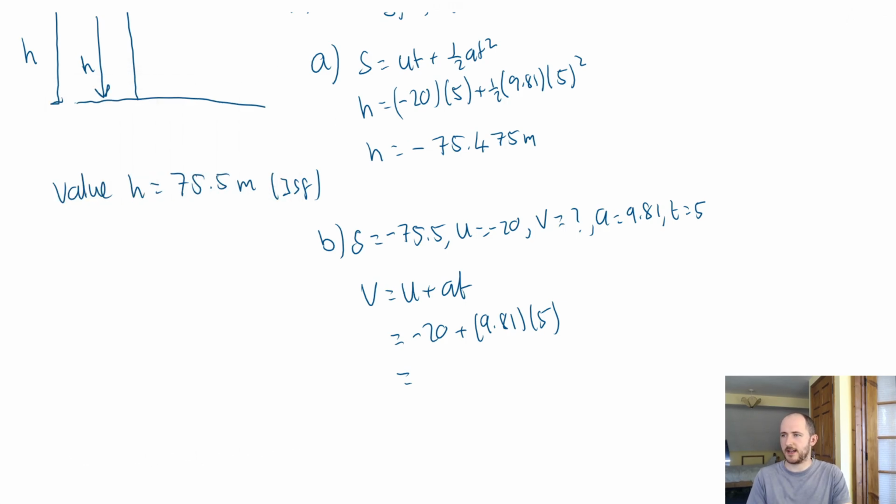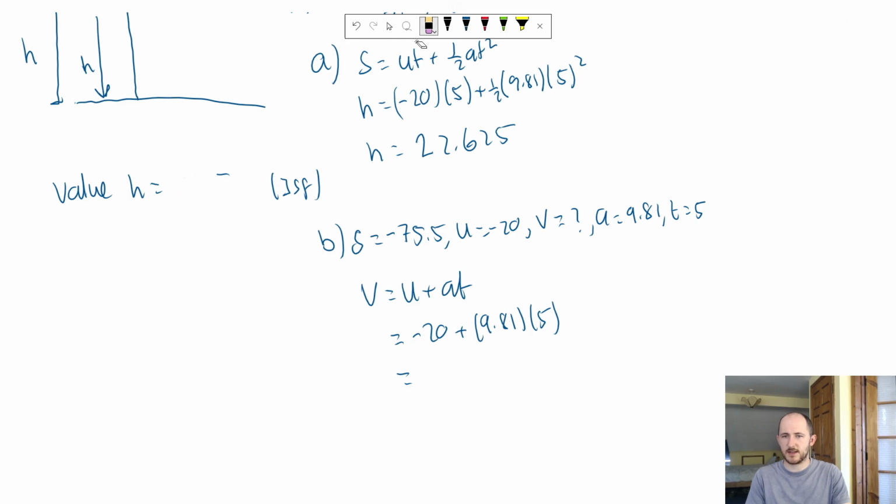Good thing I spotted that. Okay. I'm assuming some of you spotted that and were wondering. 22.625. So that would then be 22.6 meters. Okay. Apologies for that. And I was actually going to make a point about this.